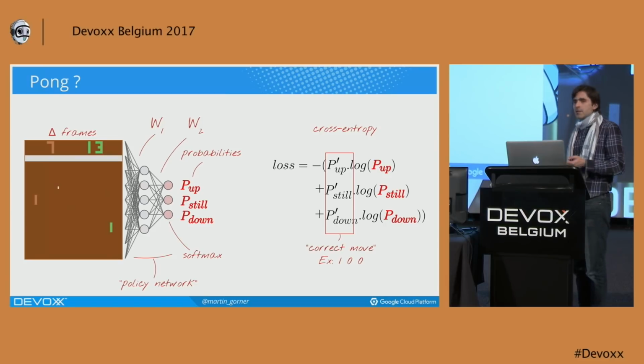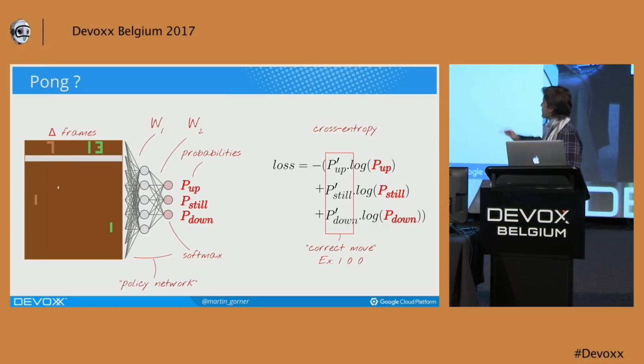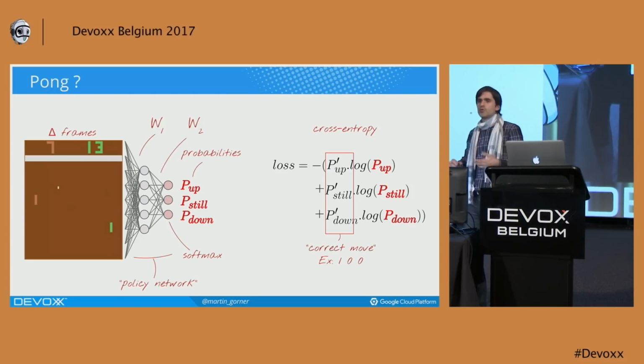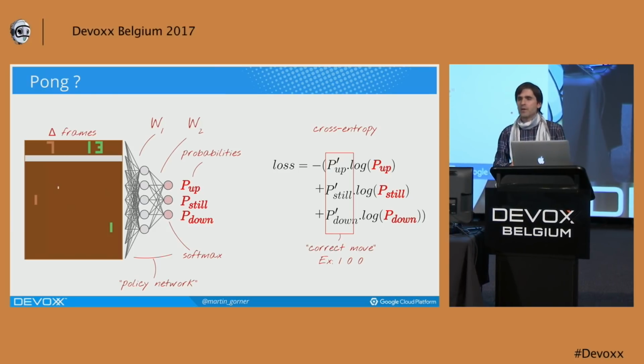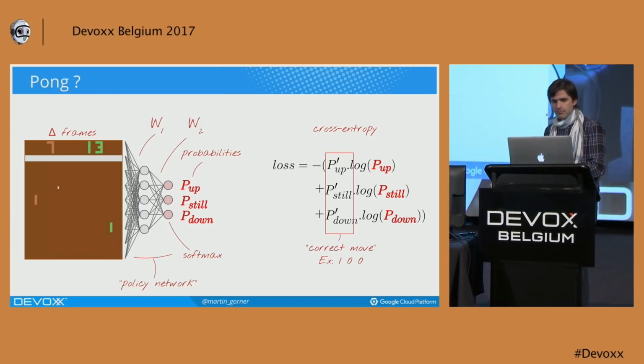We want at the end to produce 3 probabilities, so 3 neurons in the last layer, which will be activated by softmax. All of that is just as previously. And we want basically to classify this board position into whether your next move should be to move the paddle up, move the paddle down, or leave the paddle where it is.